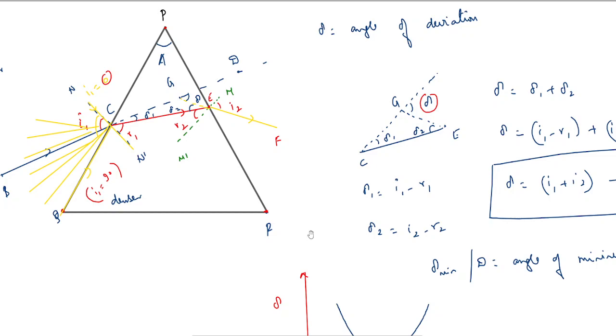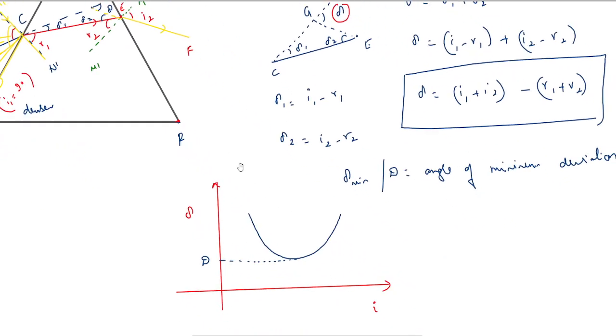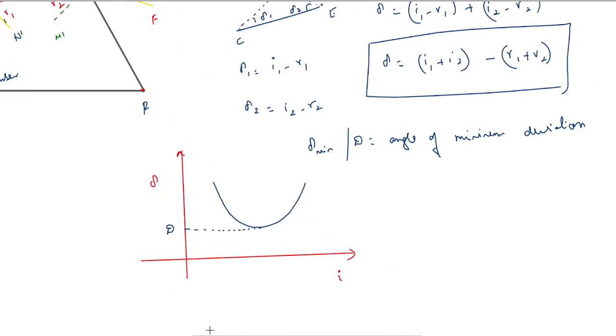You could try and see there also. Otherwise, just learn the fact that as I is increasing, delta is decreasing.